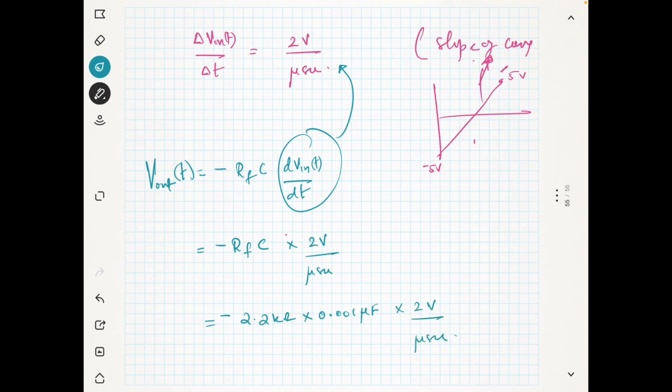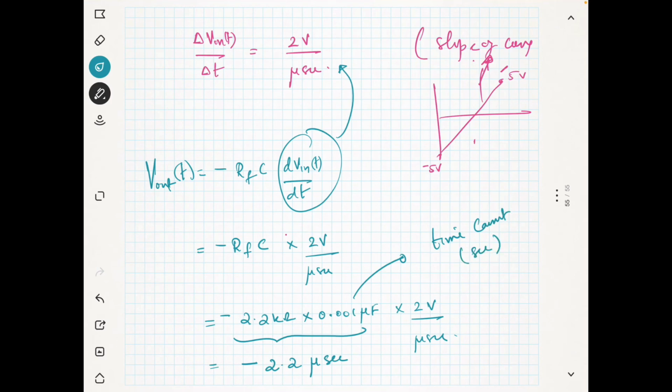Okay, so what is the unit of this Rf into C? You will get it as minus 2.2 microsecond. Why am I using microsecond? Because this is a time constant, so it is a unit having seconds.